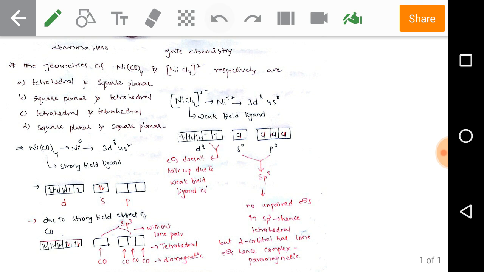So the geometries of nickel with carbonyl as ligand and nickel with chlorine as ligand are tetrahedral and tetrahedral. So the answer is option C.